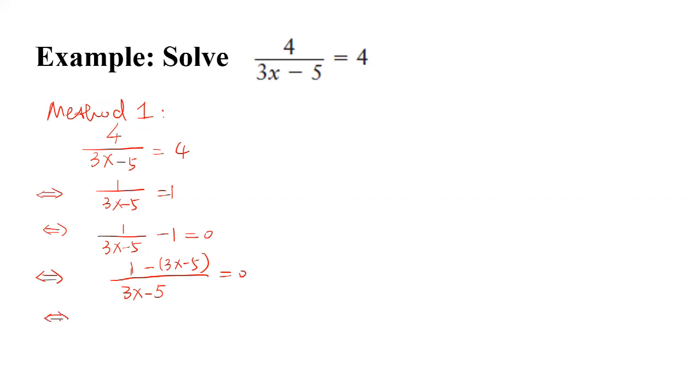So the original problem is converted to minus 3x plus 6 over 3x minus 5 equals 0.